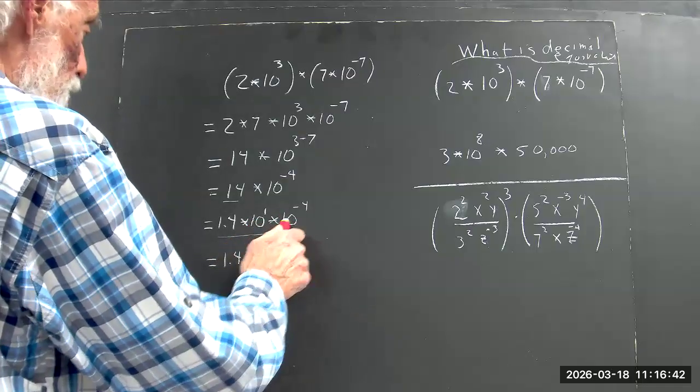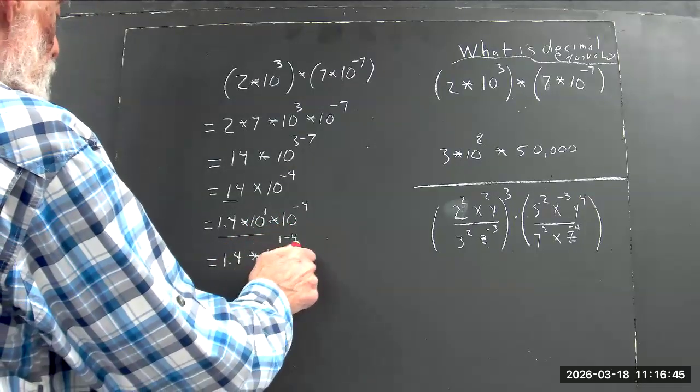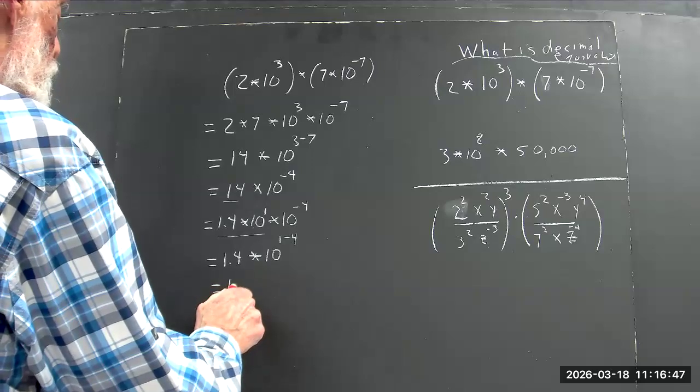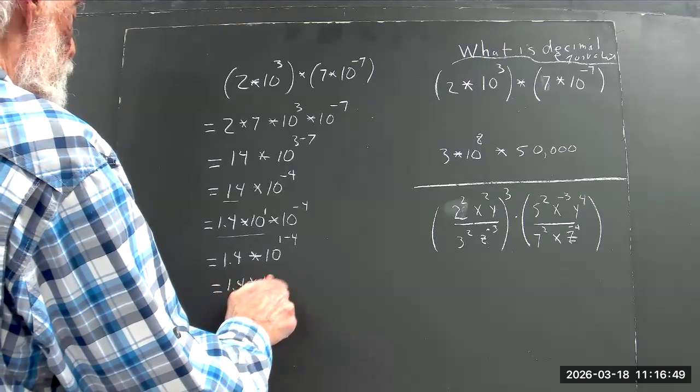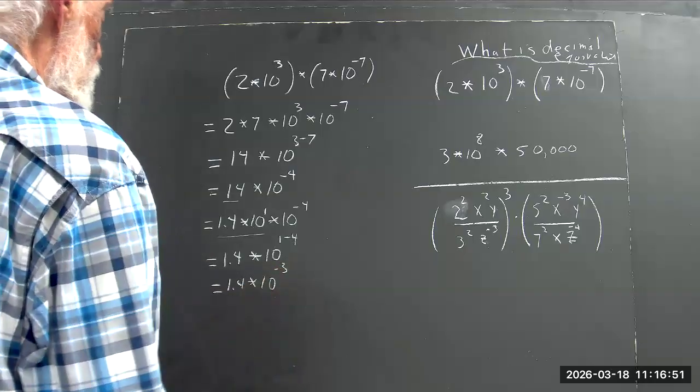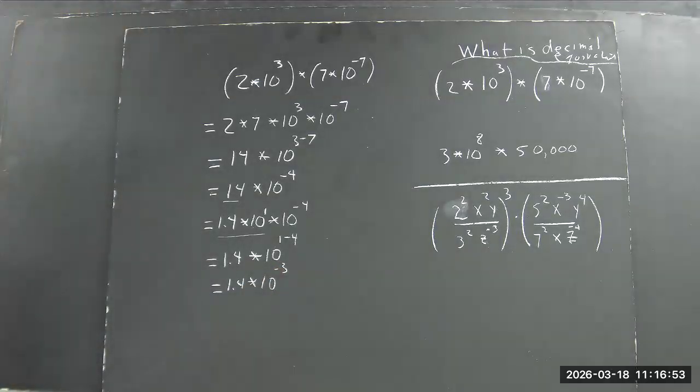Because 10 to the 1 times 10 to the negative 4 is 10 to the 1 minus 4, which is 1.4 times 10 to the negative third. Okay? So what you learn to do in the section on scientific notation is just do this sort of thing. There's nothing in there that you don't understand. If it's new to you, you have to sort it out a little bit, and we'll do a couple of problems to begin doing that.